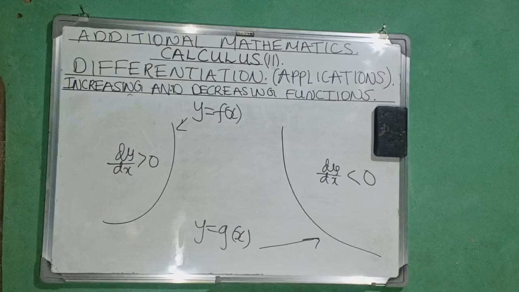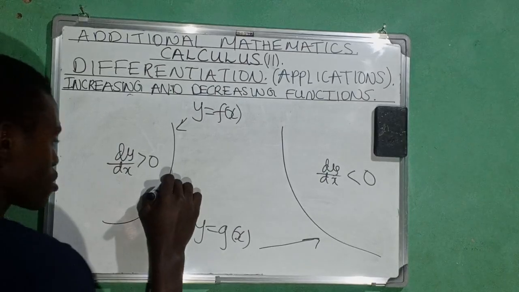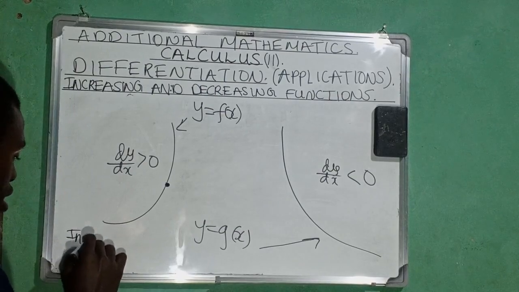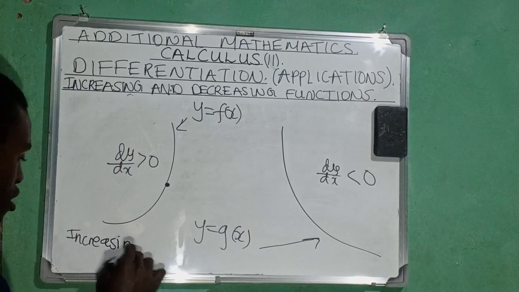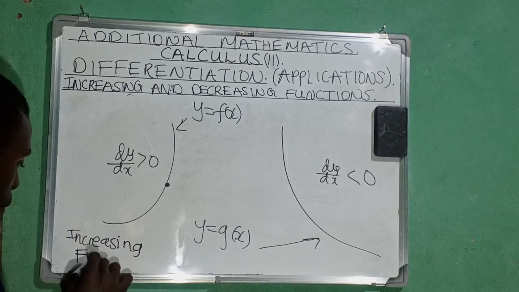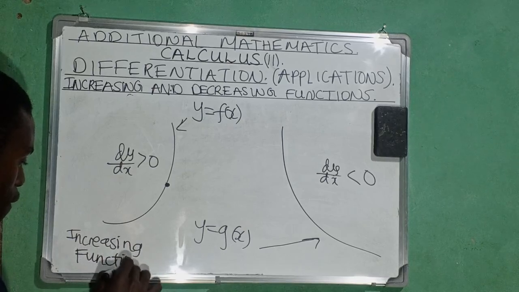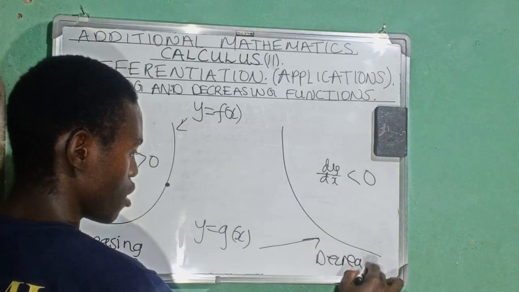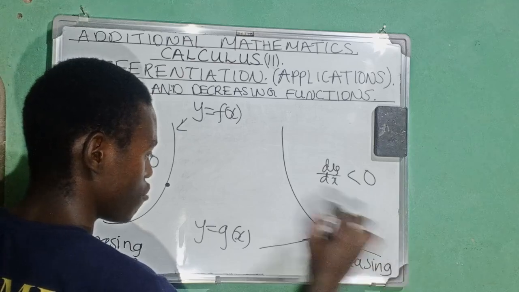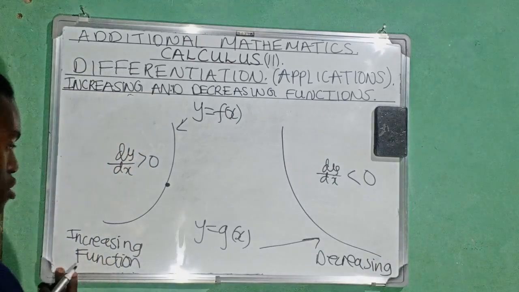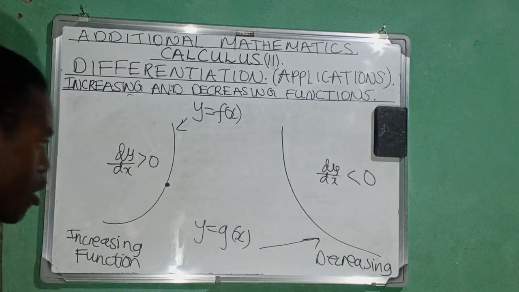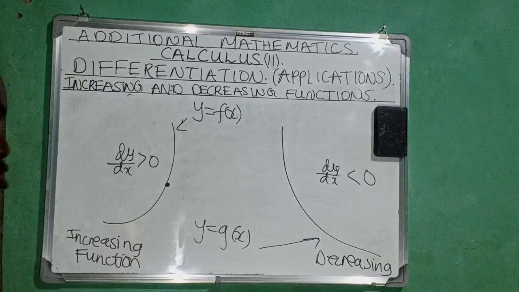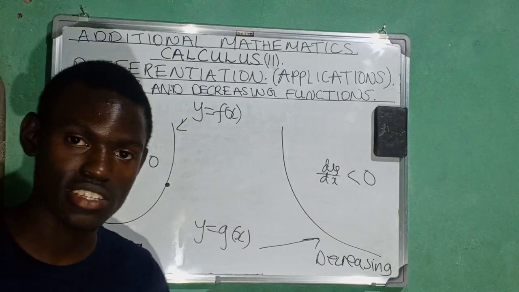We have established that this one is an increasing function and this is a decreasing function. For an increasing function, dy/dx is greater than 0. For a decreasing function, dy/dx is less than 0.